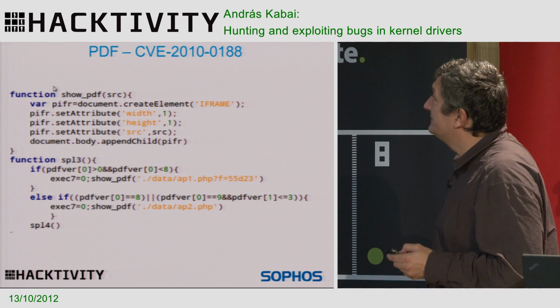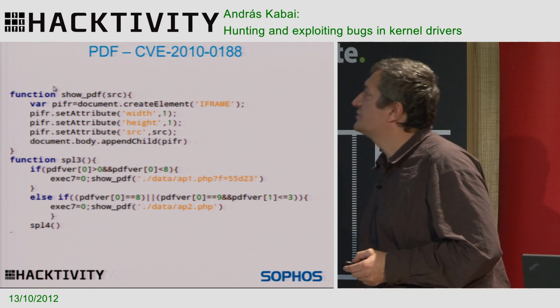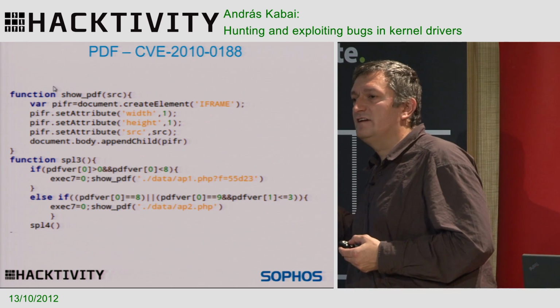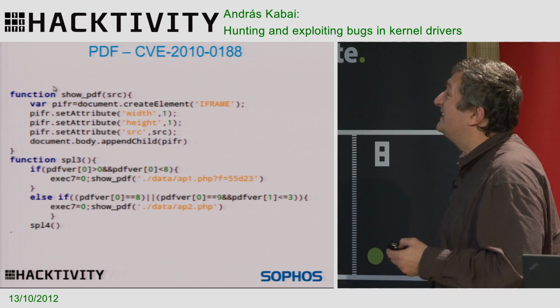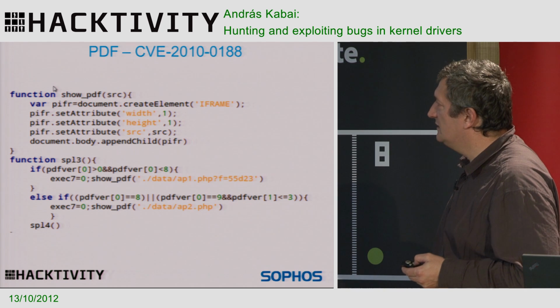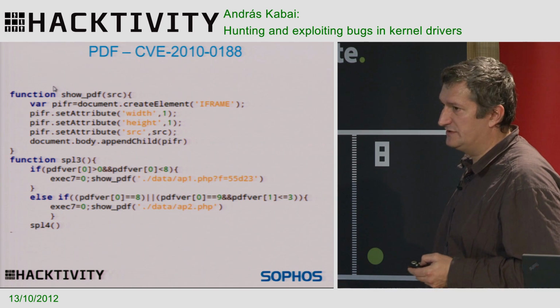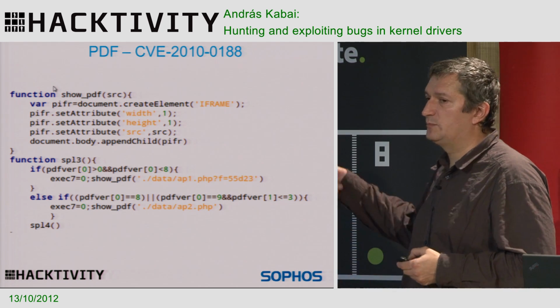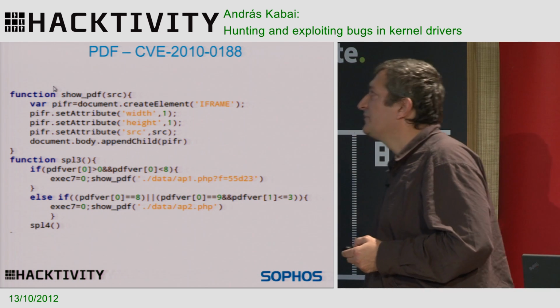In the SPL3 function, it downloads a PDF file which is exploiting, depending on the installed PDF version. These are the values coming from the plugin detect plugin.